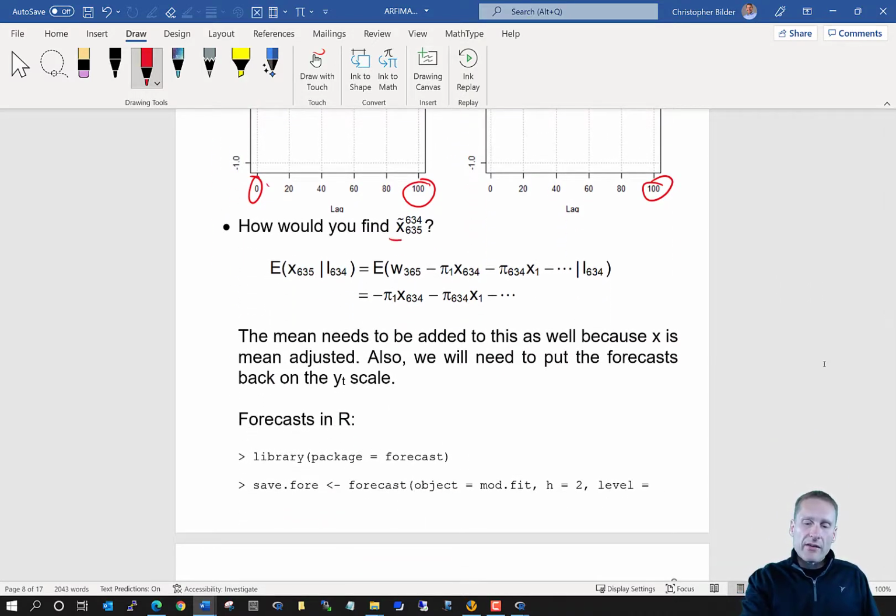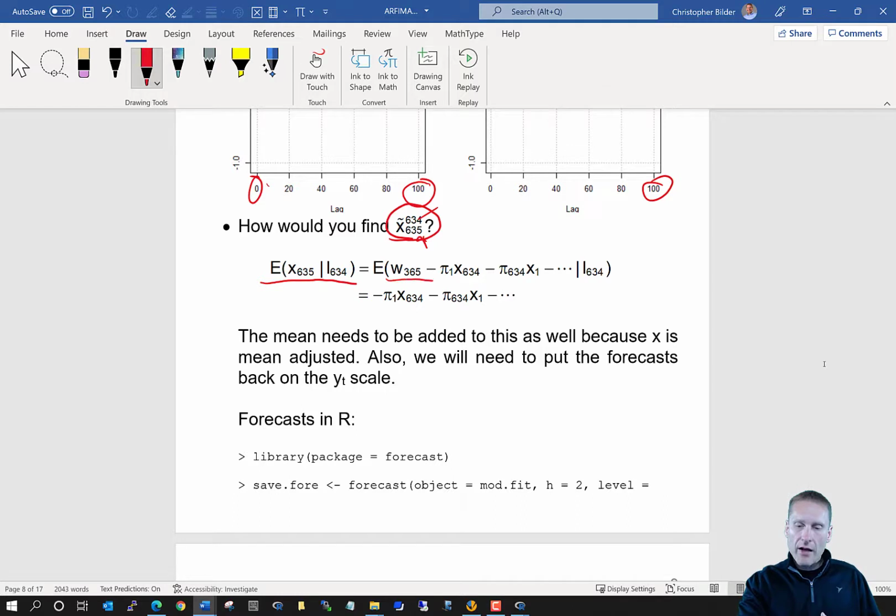So what about now doing some forecasting? So x tilde sub 635, so the first value next in the time series, using information up to 634. How would I find that? Well, I'd find the expected value of x635 given my past information.